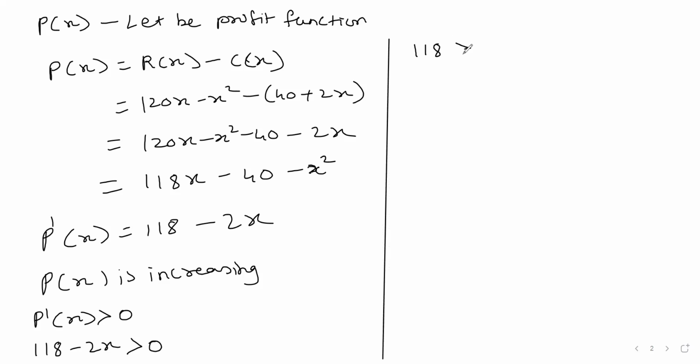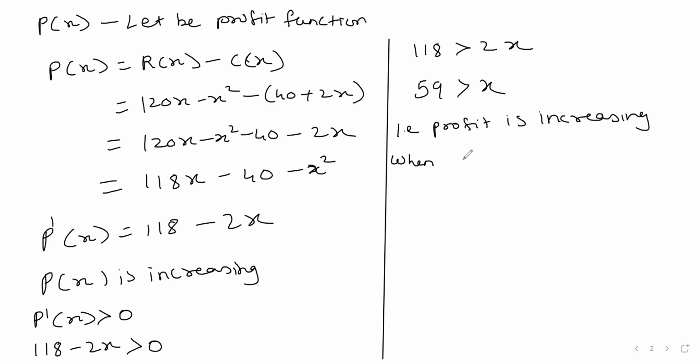So 118 should be greater than 2x, or this is 59 should be greater than x. That is, profit is increasing when x is less than 59.